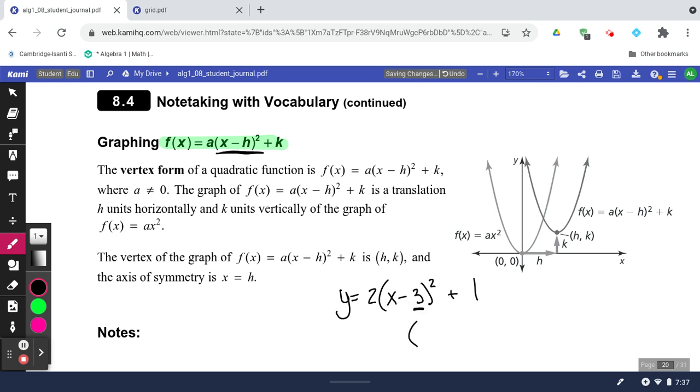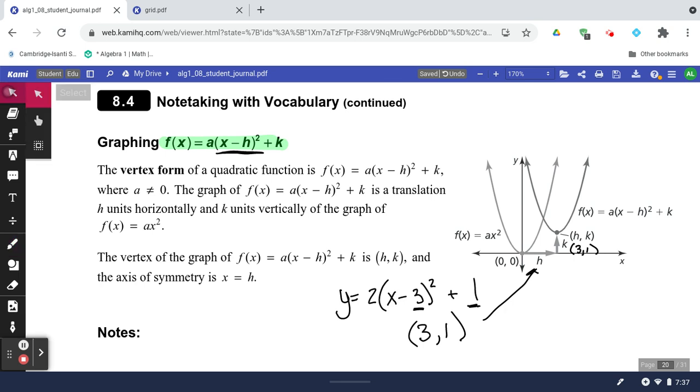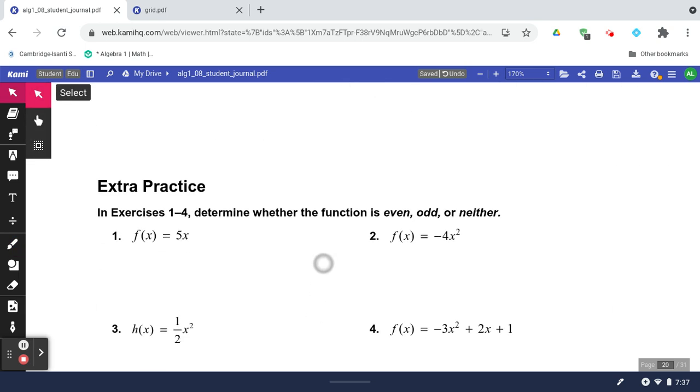So instead of negative 3, you're going to say 3. And here's your y. You don't change that sign. 3, 1. Okay, if it was this graph, my vertex would be here at 3, 1. Right? So finding our vertex should be somewhat simple.